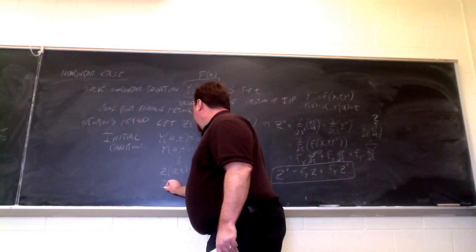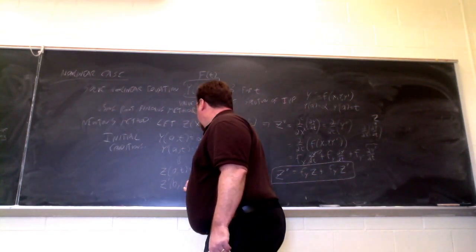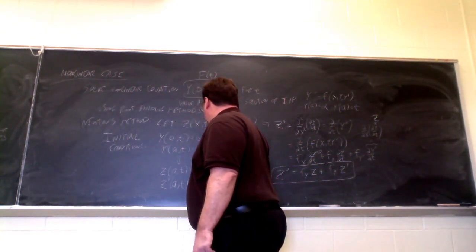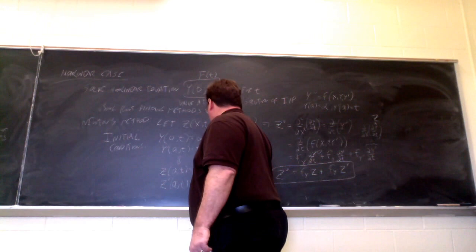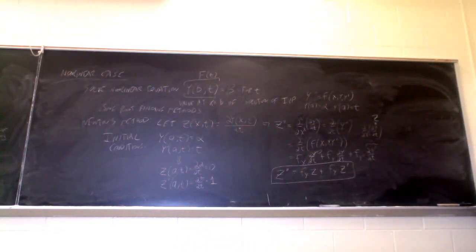And then z prime of a is the derivative of t with respect to t, which is 1. So now I have an initial value problem for y to solve, as the shooting method calls for. But to help me solve that, I also have this initial value problem for z. Okay.